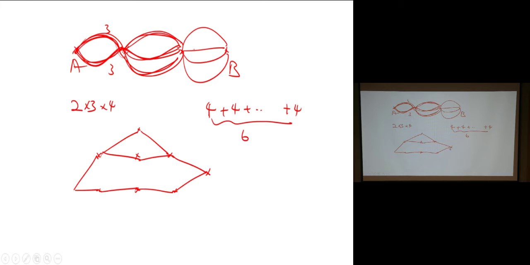Now this one you cannot use multiplication, because starting from here I have 2 ways to go, but for this way I have many other ways, while for that way there is only one path to reach this point. So you cannot multiply; you can only add.